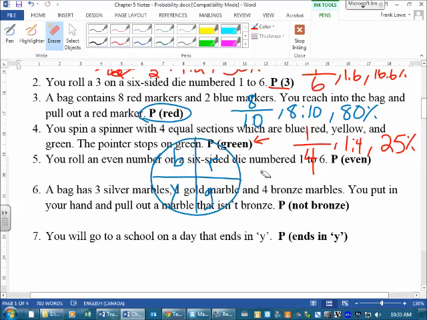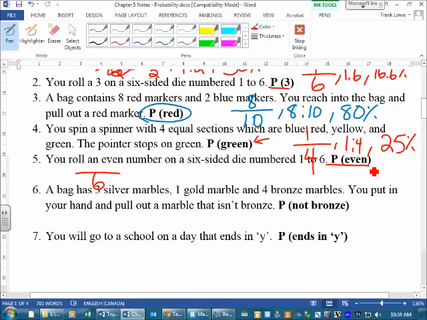Okay, next one. Here's another die question. So if I'm writing this as a fraction, I know a 6-sided die has 6 possible outcomes. Now it says, what is the probability that you're going to roll an even number? Well, on a 6-sided die, how many of those numbers are even? 2, 4, and 6, right?